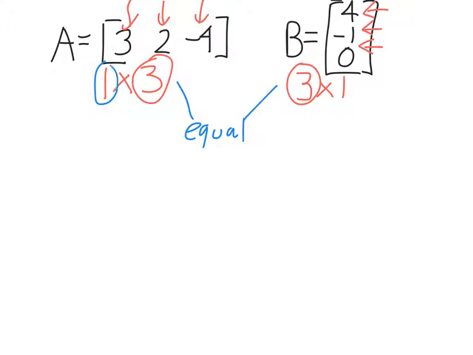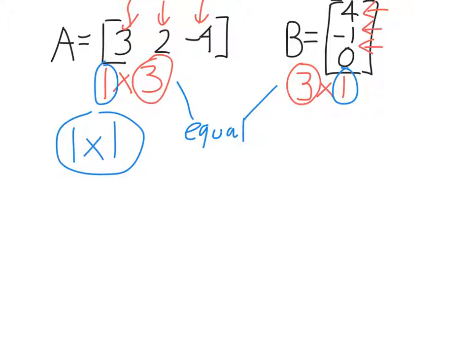The other two numbers give you the size of the resulting matrix. So A times B will be a 1 by 1 matrix. That will work for all the questions we do in this lesson. Anytime you can multiply a row matrix by a column matrix, the resulting matrix is always 1 by 1. Please make sure you understand that a 1 by 1 matrix is different from a scalar.